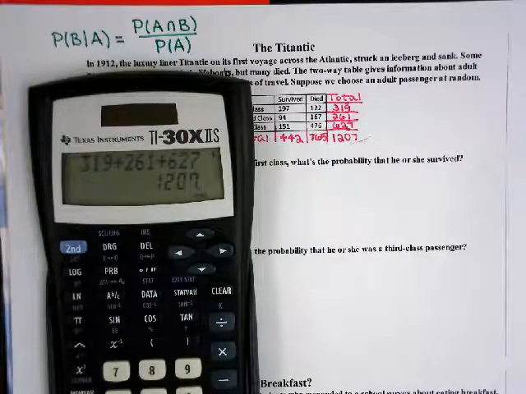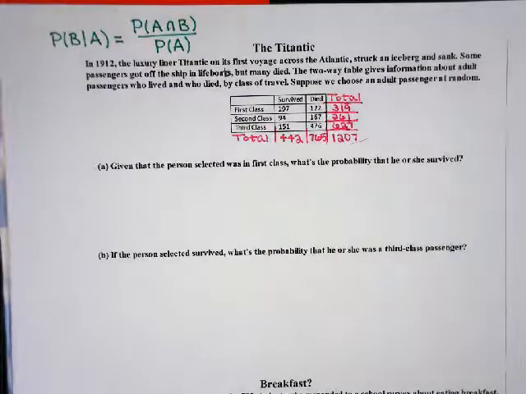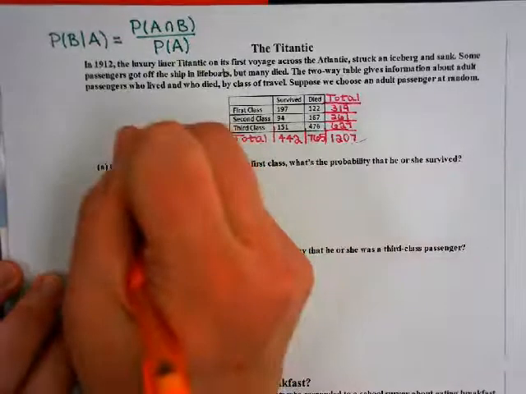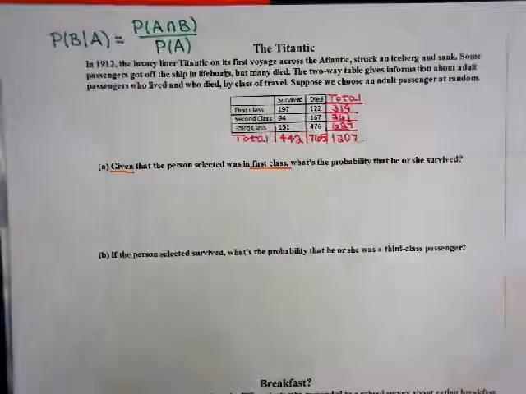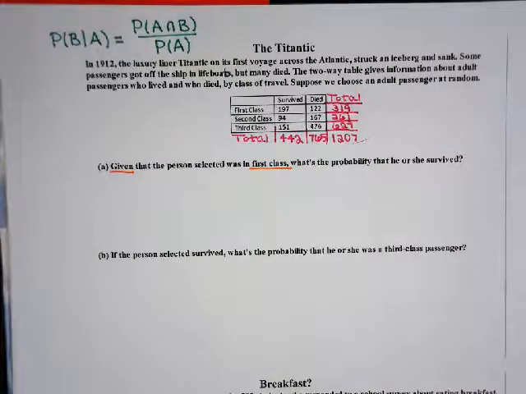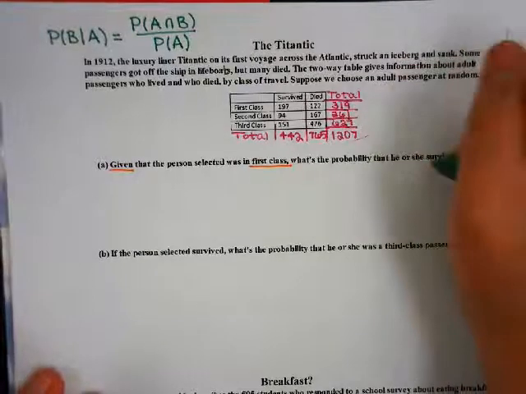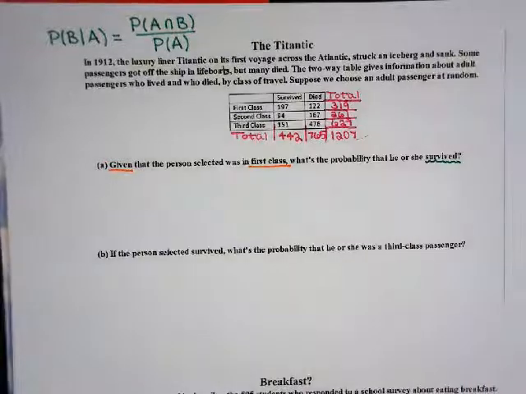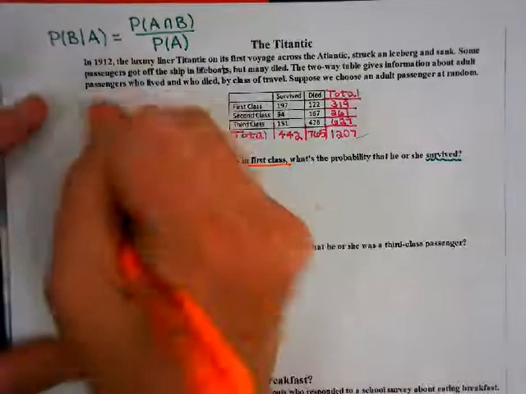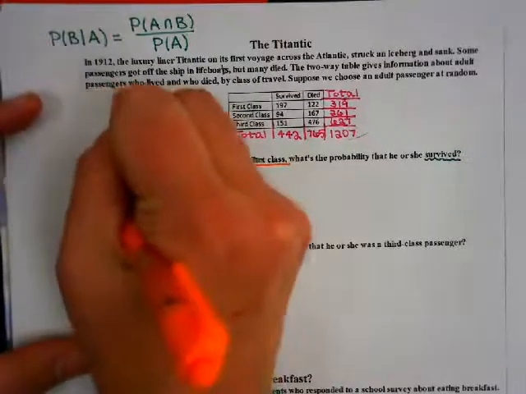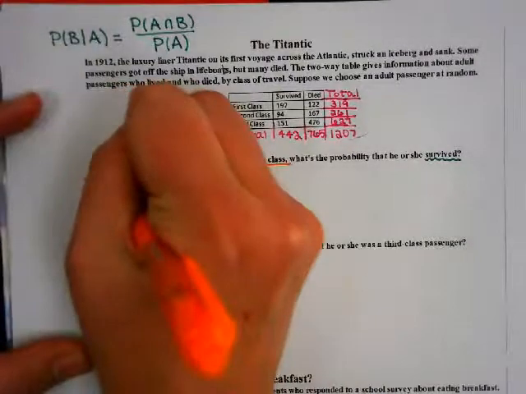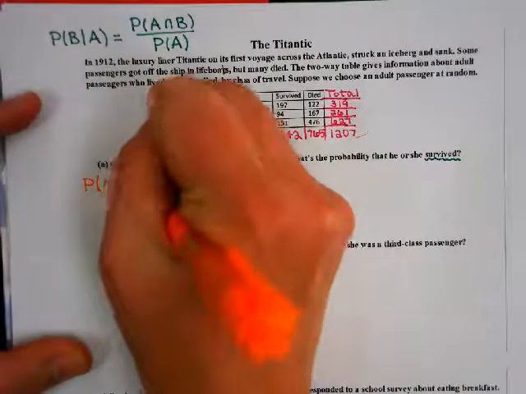The person was in first class. Given that they're in first class, we want to find the probability that he or she survived. So we need to find the probability that the passenger selected survived given they were in first class.